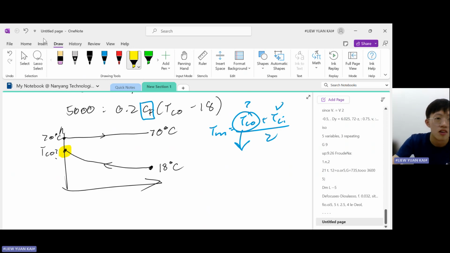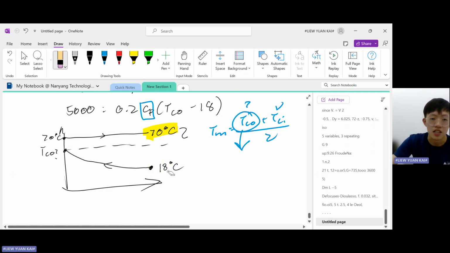You see that this value of TCO lies between 70 and 18. Agreed? It lies between 70 and 18, right? So how I'm going to make my guess is by taking the exact midpoint of 70 and 18.